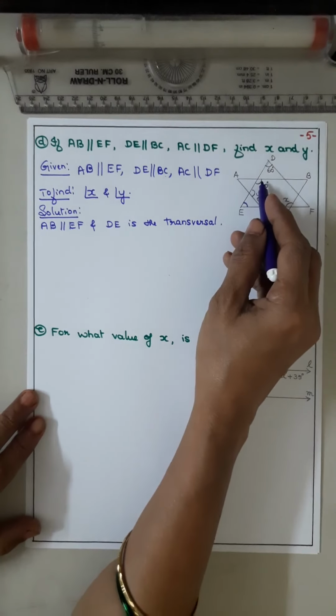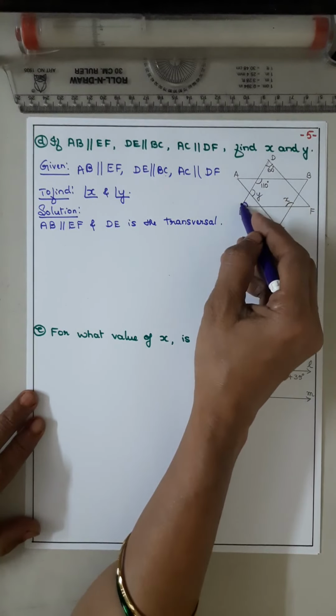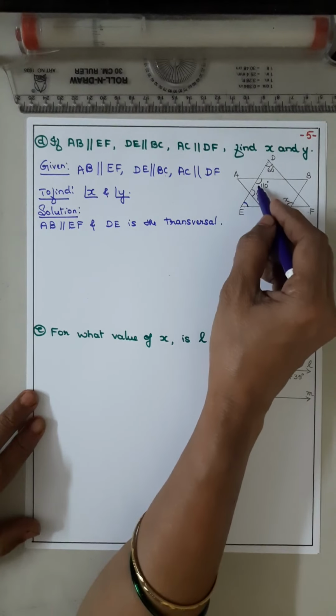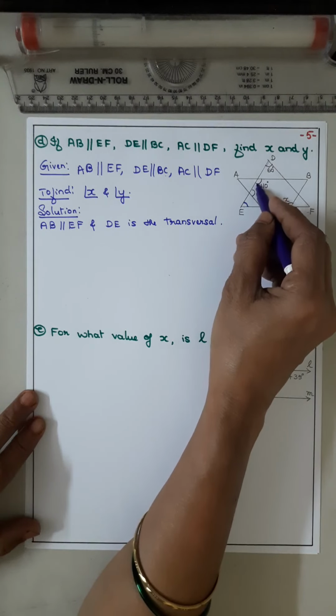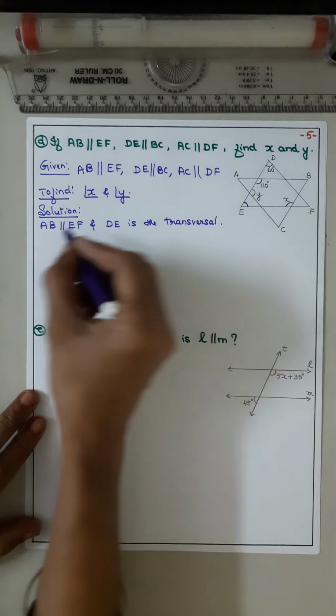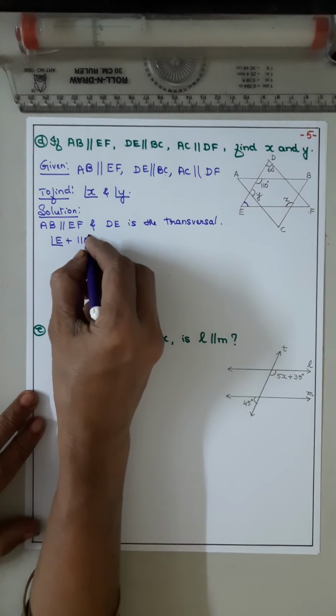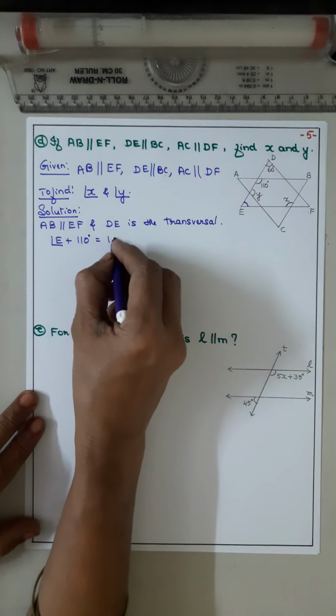So it will be this and this. Together, how much should it be? 180. Why? Co-interior angles. So angle E plus 110 is equal to 180.